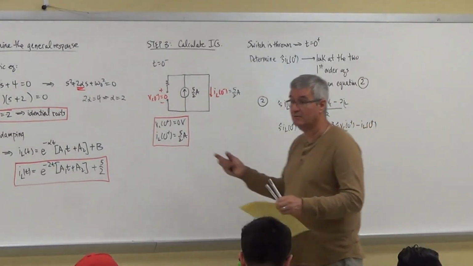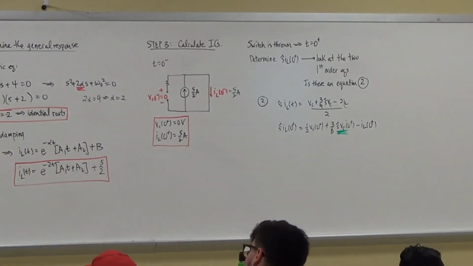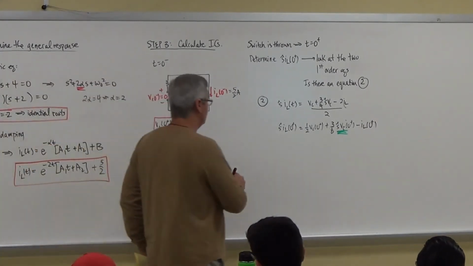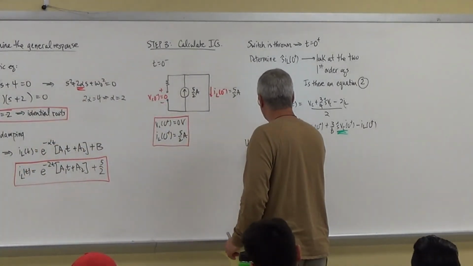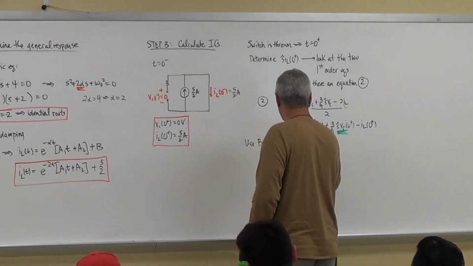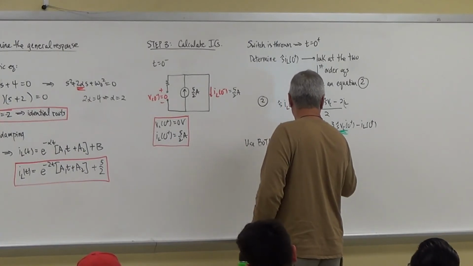So what do I have to do? I've got to go back to these equations. There's the problem term right there. I'm going to call this equation 1 for right now. I've got to solve for this term in order to solve for that one over there. So I'm going to use both equations to get S hat IL at 0 plus.